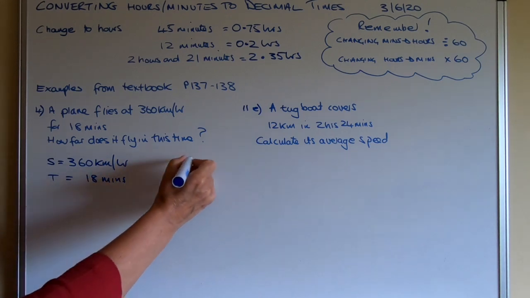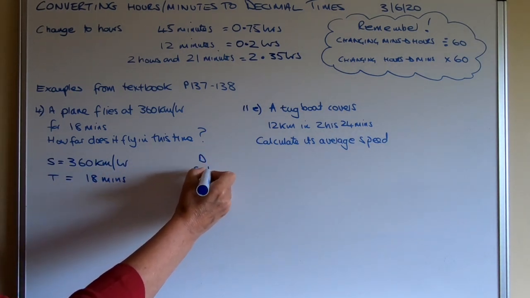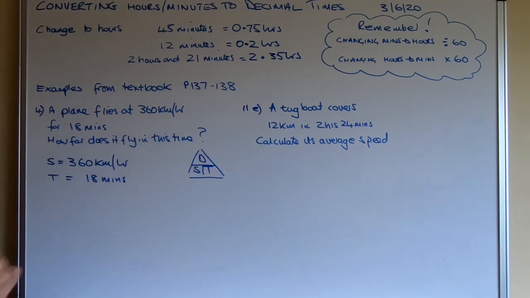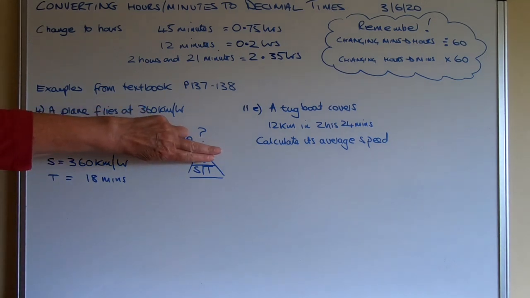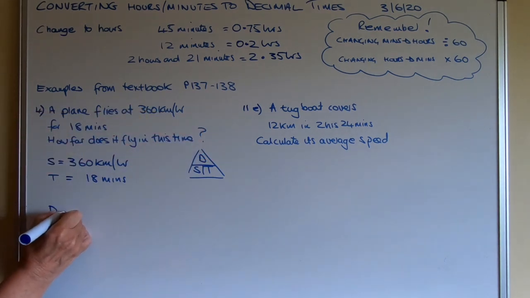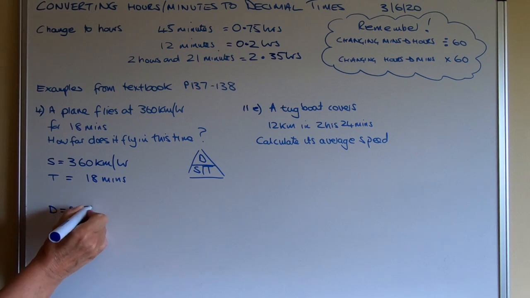Now remember, I would expect to see this wee triangle whenever you're doing speed, distance, time, because it summarises all your formula. We have the speed and we have the time. What we don't have is the distance. We're trying to work out the distance. So let's put our hand over this, on the same level, speed and time. So our formula is distance equals speed times time.